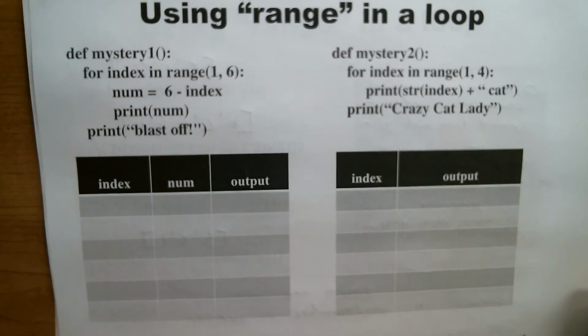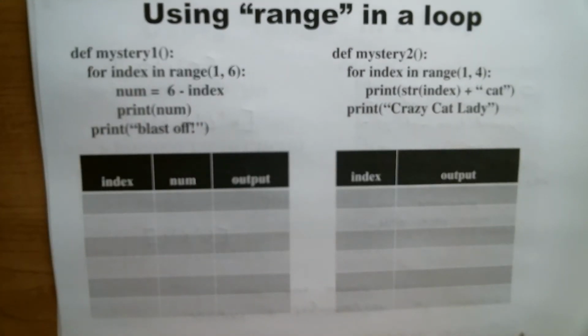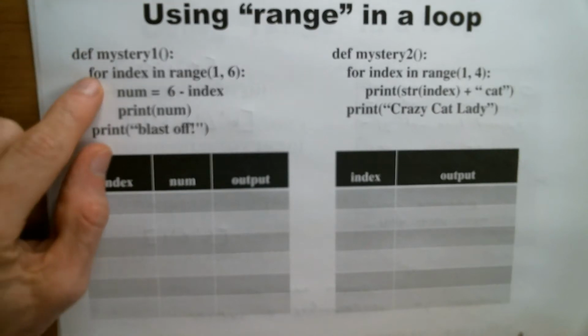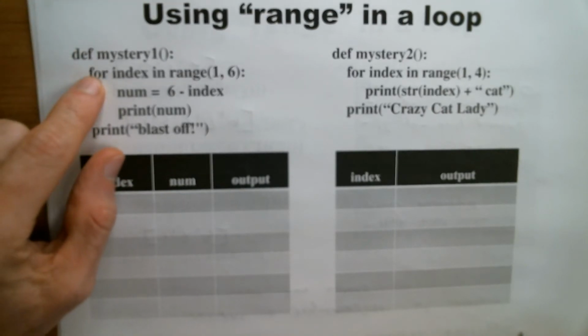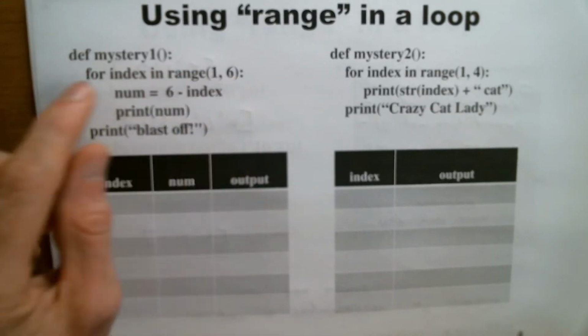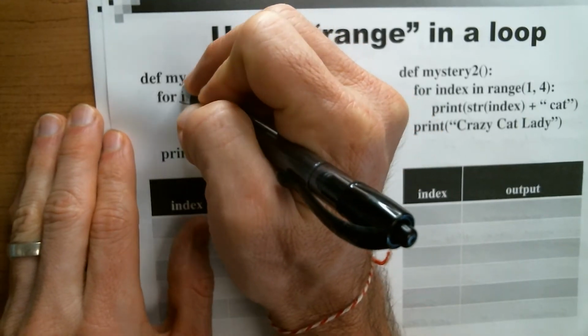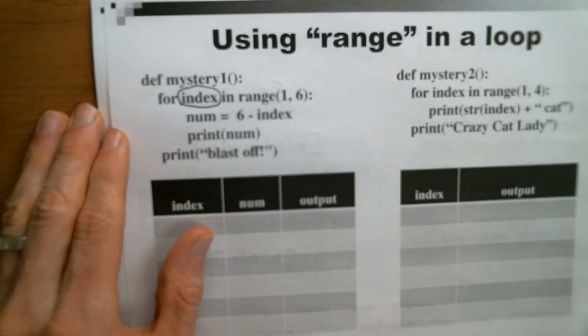All right, so let's do a little practice with this just to make sure that we understand how it works. So we have some code here, def mystery 1. We have a loop. It says for index in range. Now remember, this index here is not a special word in Python.